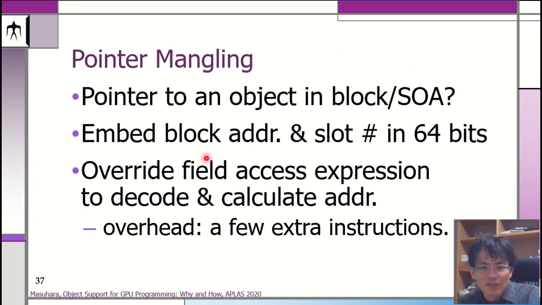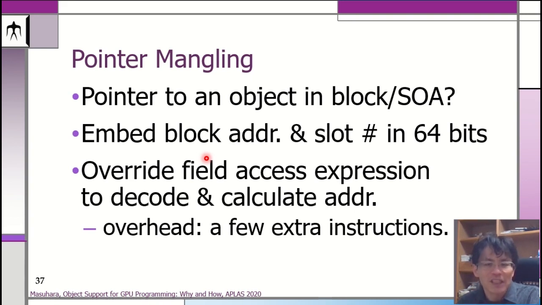And the last technique used in Dinosaur is pointer mangling. The question here is how to access a field of an object when an object is allocated in a certain slot of a certain block, where fields are laid out in structure of array manner.